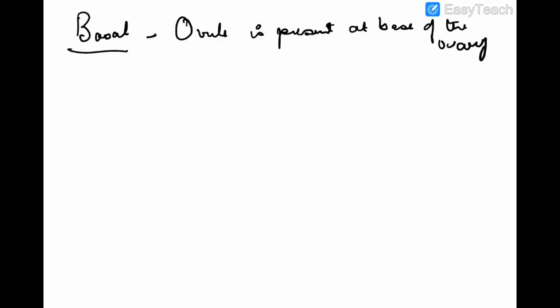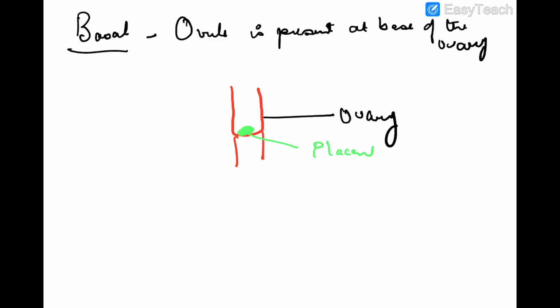So if this is the ovary, which I am drawing in red color, this is the ovary, then the structure which I am drawing green is placenta, which is also present at the bottom, and ovule would be attached to it. So at the bottom, this is the ovule. So these are the 5 types of placentation.